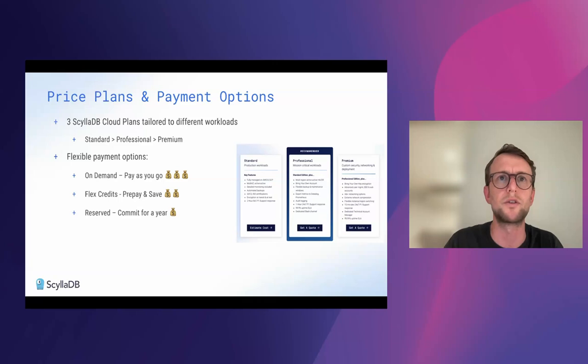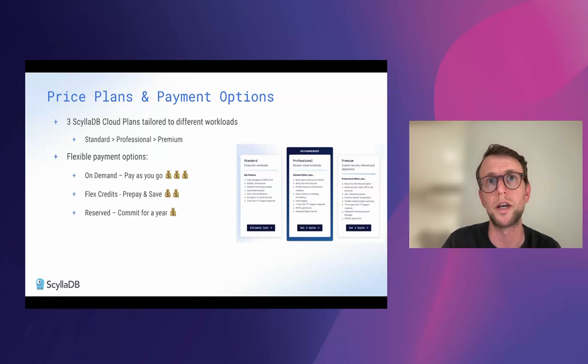So beyond plan selection, we also offer flexible payment options, so customers can choose the model that best suits their budget or commitment level. On demand is a pay-as-you-go model with no long-term commitment. It offers the most flexibility, but comes at the highest cost per unit.